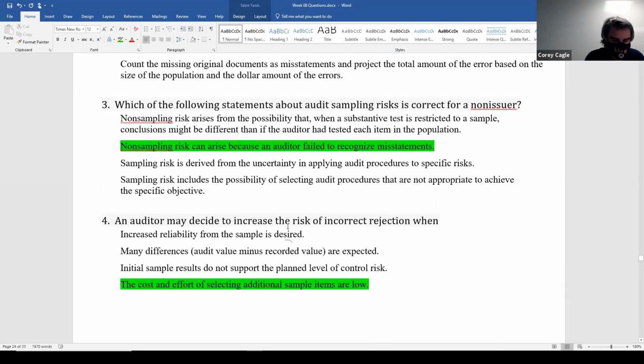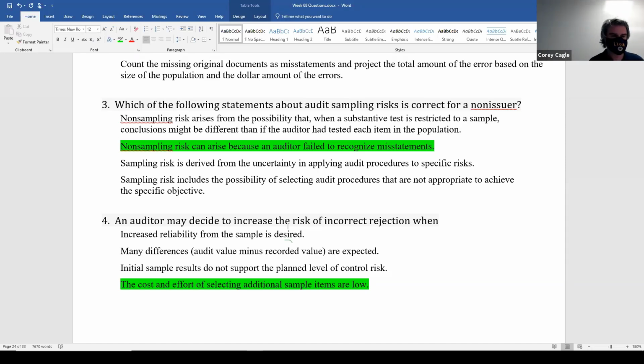But back to sampling with number 3. Here's that whole sampling versus non-sampling risk. Which of the following statements about auditing sampling risks is correct? B says non-sampling risk can arise because an auditor failed to recognize misstatements. So yeah, if it's a risk other than because of sampling, it is a non-sampling risk, right?